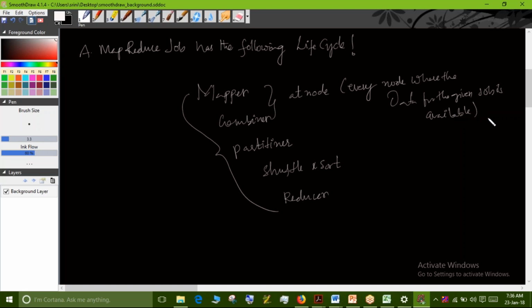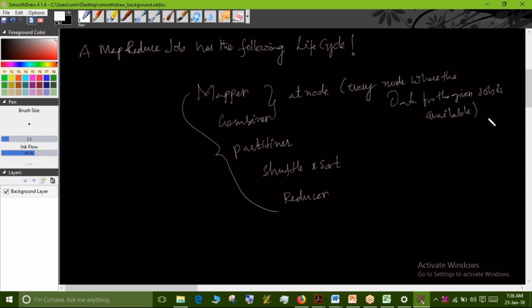Your mapper and combiner phase will happen at every node in the cluster where the data for the given job is located. If you have a cluster of 40 nodes, but you want to process a specific data set, the blocks for that given data set are located only on 6 nodes. Then your mapper and combiner activities will happen on those 6 nodes, not on all the nodes present in the cluster.